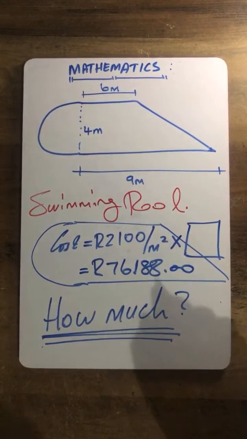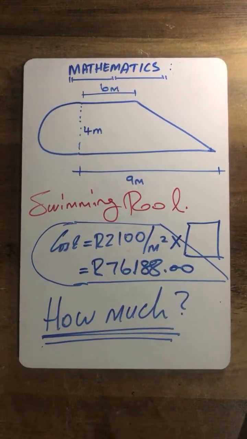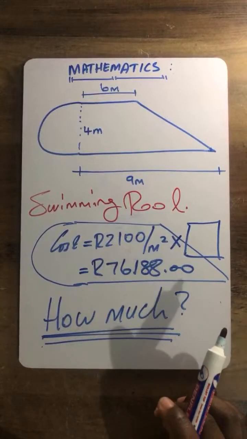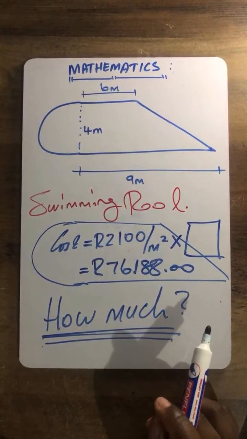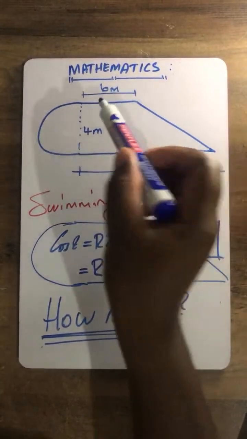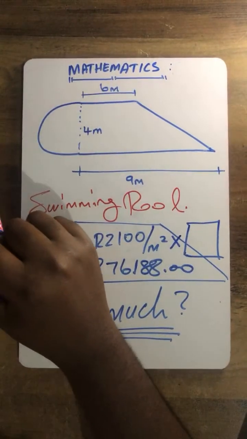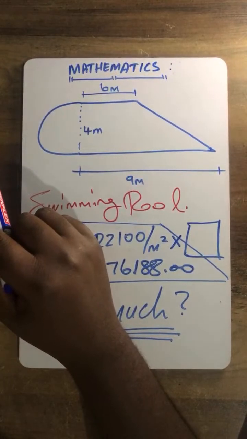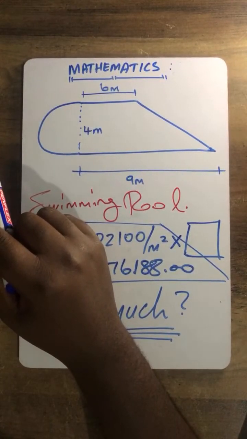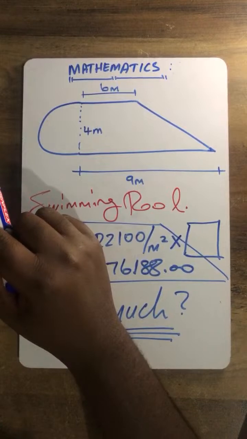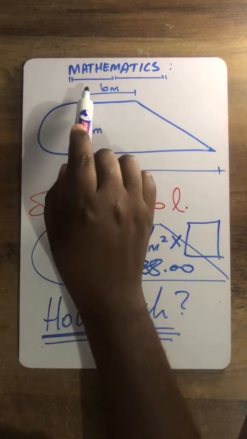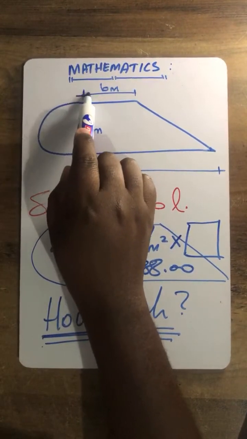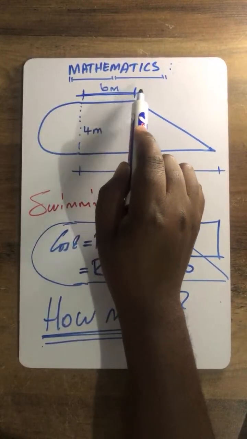Just to give you a sense of what that size is, on a parking lot, those lines are actually 5 meters.